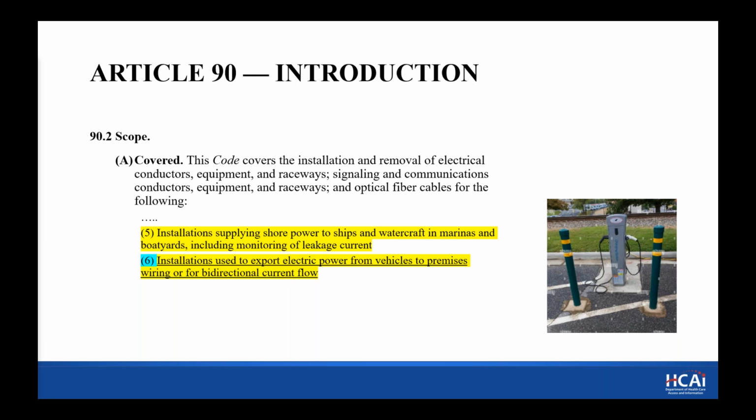This code is not intended as a design specification or an instruction manual for untrained persons. So here at HCAI, we're here to help. Sometimes we're asked to help with the design and we'll give our opinions, but really we're here as an enforcement agency. And our goal is to be consistent and appropriate with our enforcement of the code. And so we're starting these seminars to share our approach.